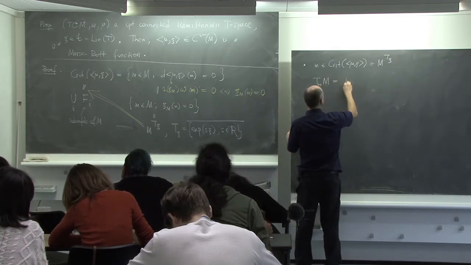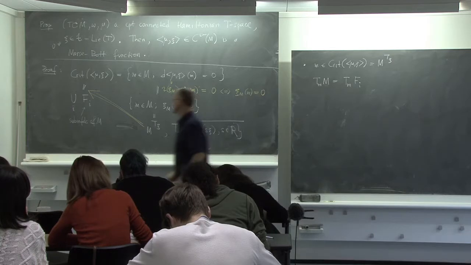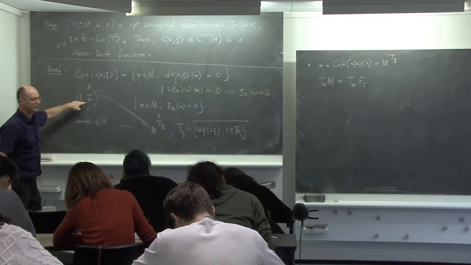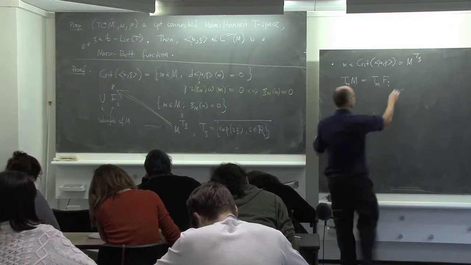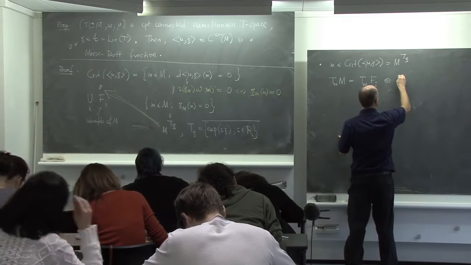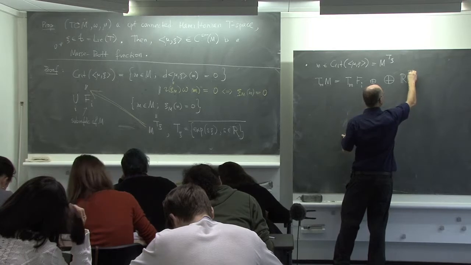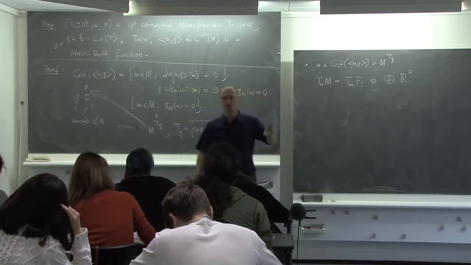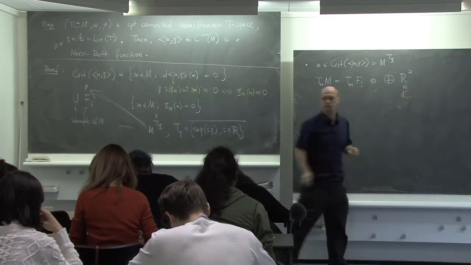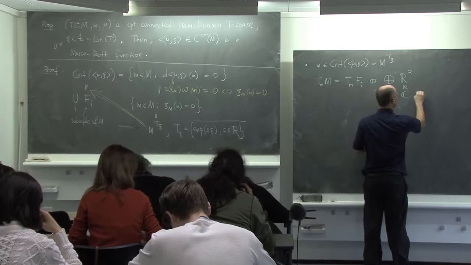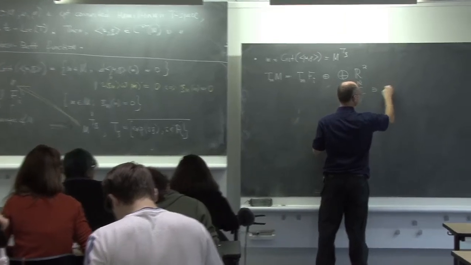T_m M would split into the tangent space to the corresponding submanifold F_i plus a direct sum of R^2s, and on each of those R^2, isomorphic to C, this T_psi action will be as follows.